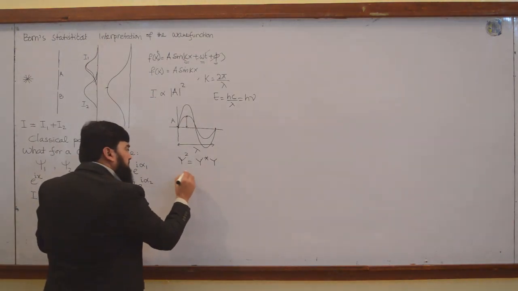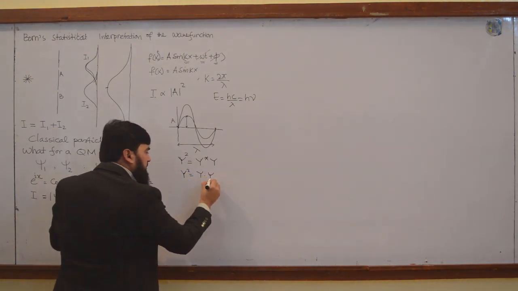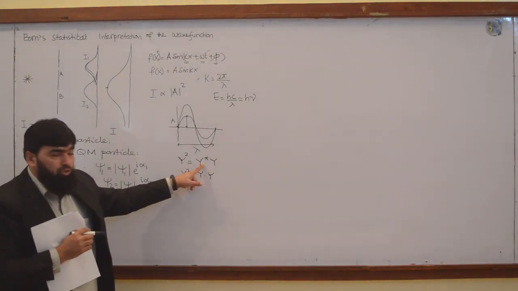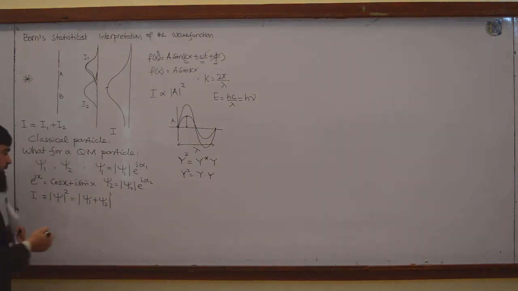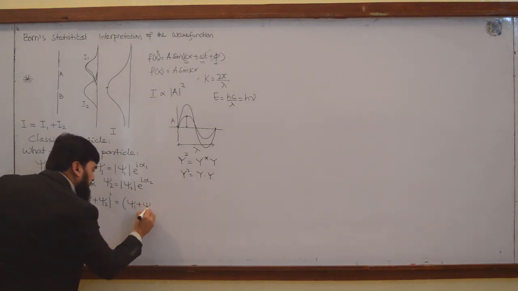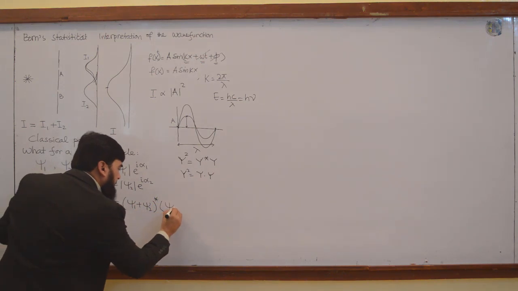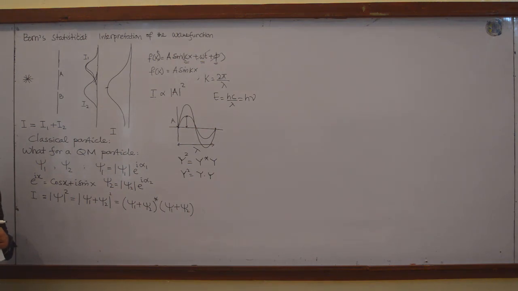For a non-complex number, y square will be equal to y dot y. But for a complex number, it will be equal to the complex conjugate of it and then the number. So what about here? This will be equal to psi 1 plus psi 2, complex conjugate of it, and then multiplied with psi 1 plus psi 2. Clear? And you know how to multiply such things.